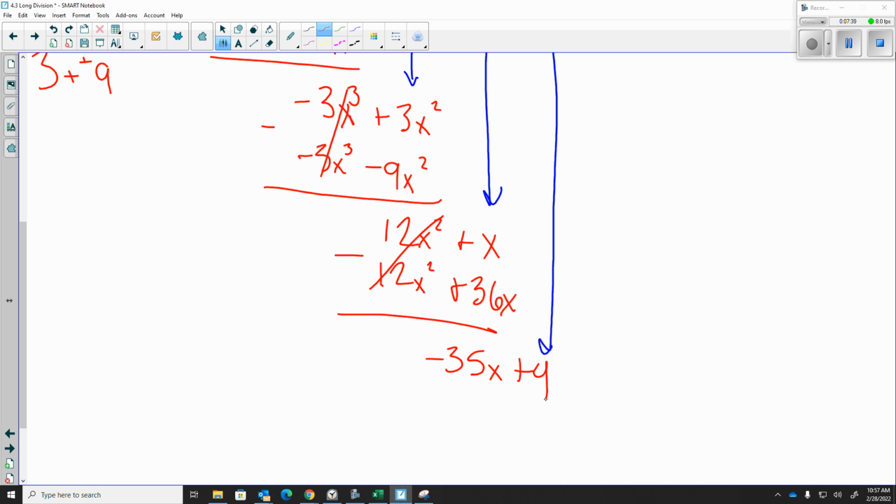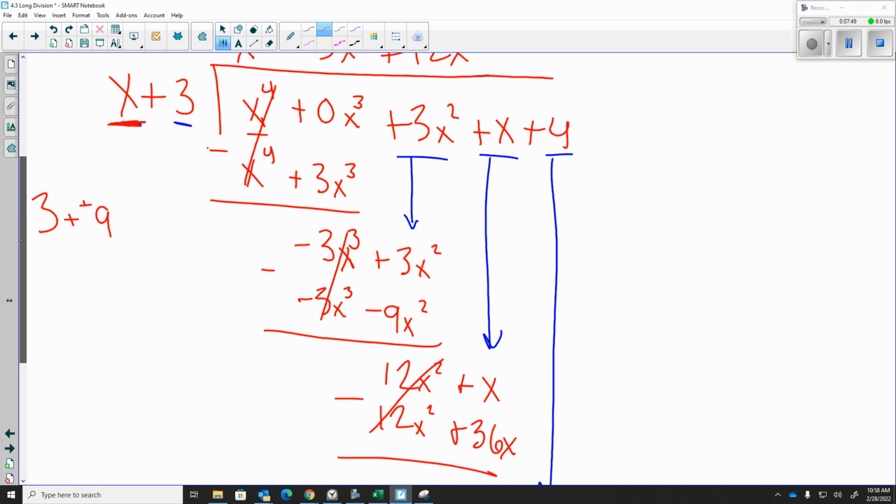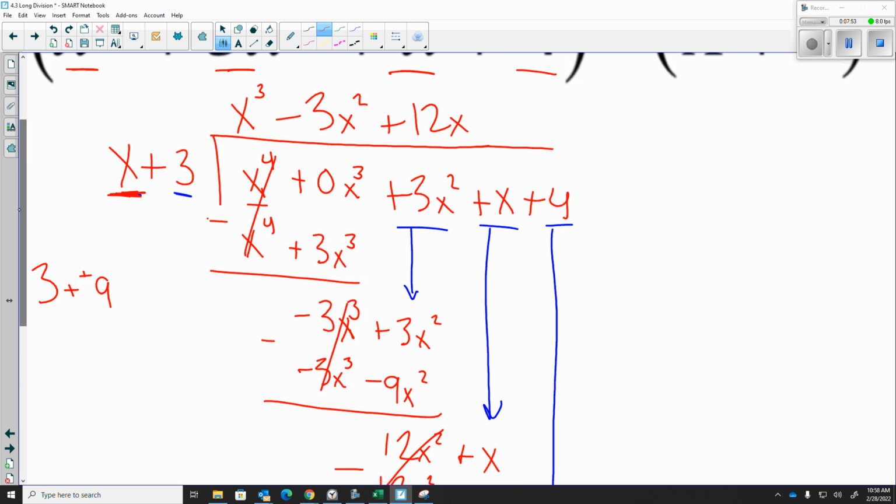Do I have anything left to bring down, though? No. So this is the last time I'm going. This is the last round. X and negative 35x. Got to multiply it by negative 35. So I multiply this by both pieces. It's going to be negative 35x.